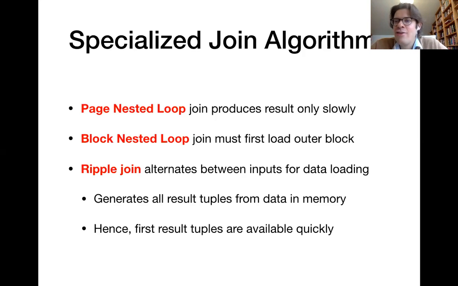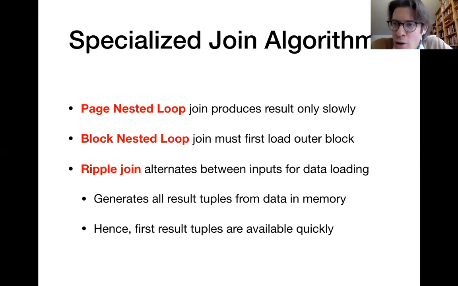It essentially reads a few tuples or pages from one relation, then a few pages from the other relation. Then it joins all the tuples that it currently has in main memory, and it keeps the current tuples in main memory.